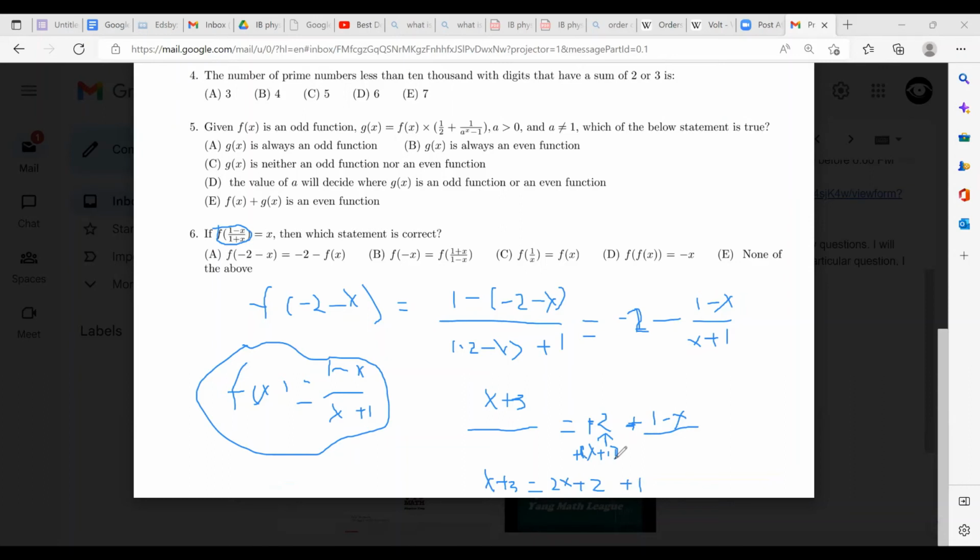You'll see that these two things can become x, which will cancel out with this x. And this 3 will cancel out with the 1 plus 2. So you get 0 is equal to 0. And that's true. So this would be a true statement.